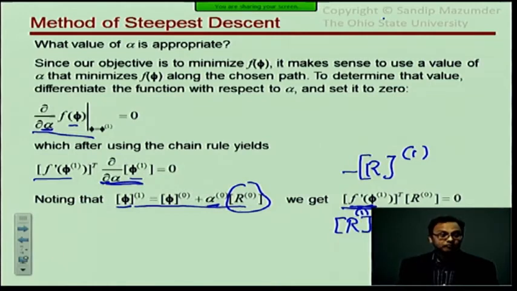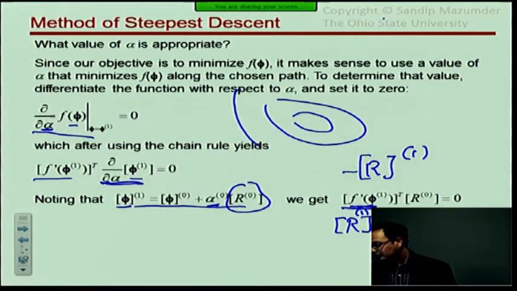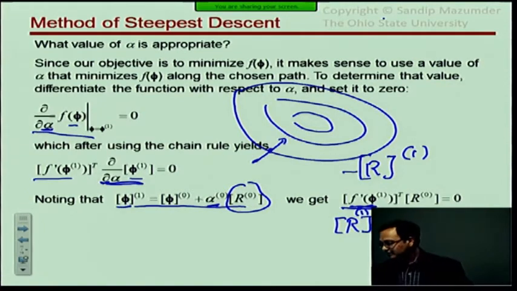Now what does that mean? Going back to that figure, let me just sketch it here. So we had these isocontours like that, and we started somewhere here and we were going that way. This vector is my f dash at the 0th iteration. Actually the f dash will be pointing that way, and the r vector, which is negative of f dash, will be pointing that way. So this vector is my r at 0.